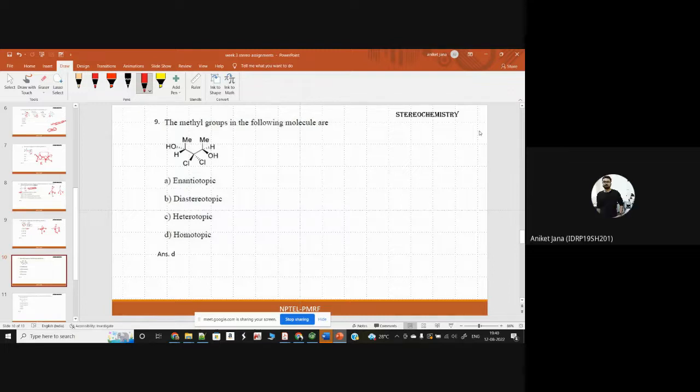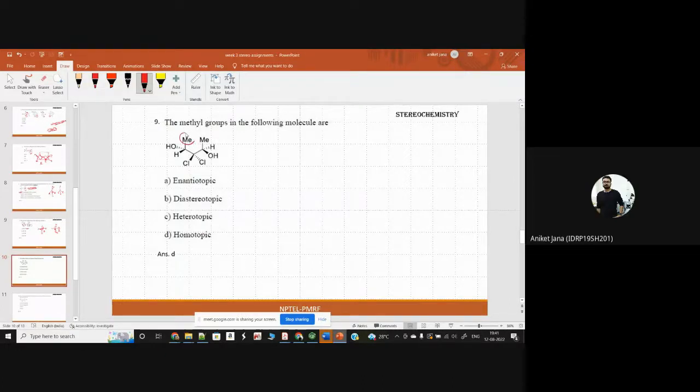So now, which of the following options is right? You know the concept of homotopic, enantiotopic or diastereotopic. Here the question is what the two methyl groups in this molecule are.